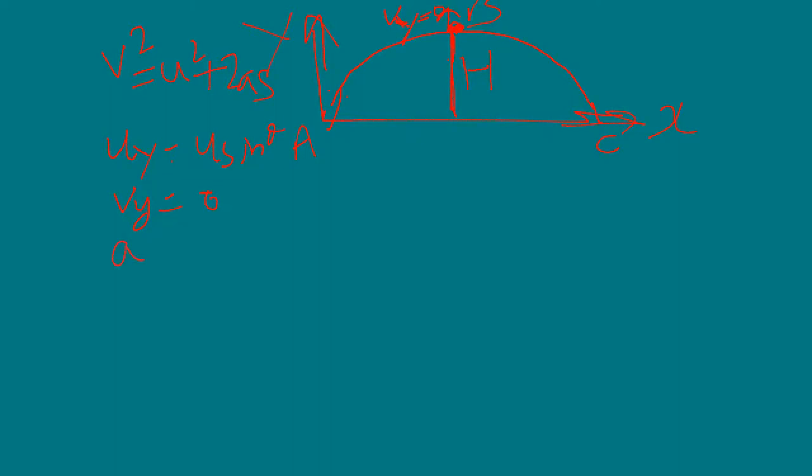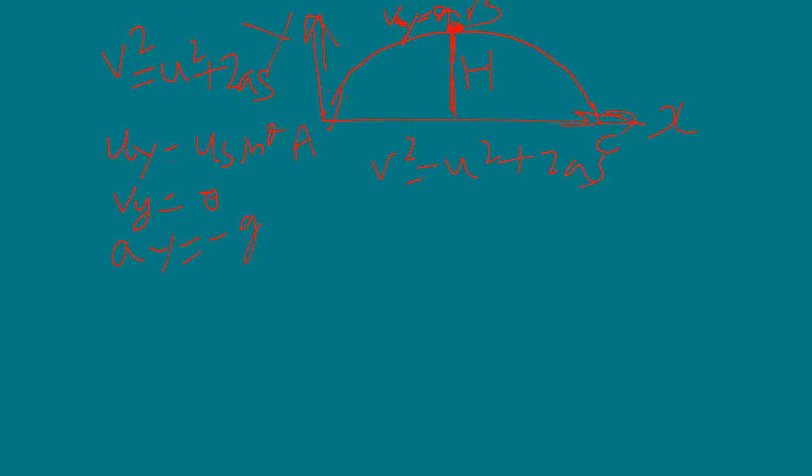Acceleration along the y direction is minus g, because it is thrown against gravity. Now we will use this formula and substitute the values: v square equals u square plus 2as.